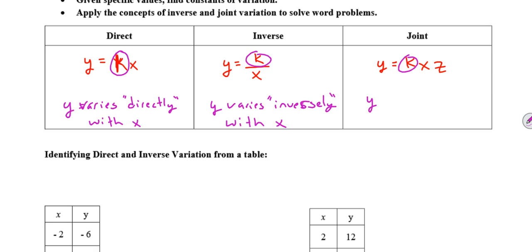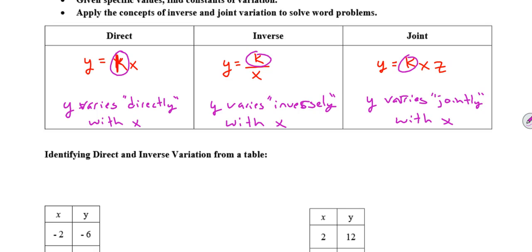You could say y varies jointly with x. But again, so that's how you would kind of read these, right? When you see these statements, these would be the equations that you're trying to set up.